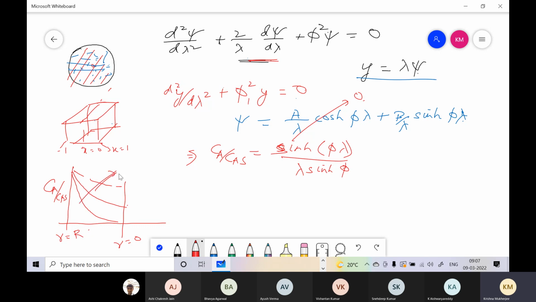As you move in this direction, this is of course a smaller phi, because diffusion is not limiting. This is diffusion limiting, this is diffusion limiting, and that is diffusion not limiting. And when there's less diffusion limitation, the profile will be close to CAS. So as you move inside, you will have lower and lower concentrations.